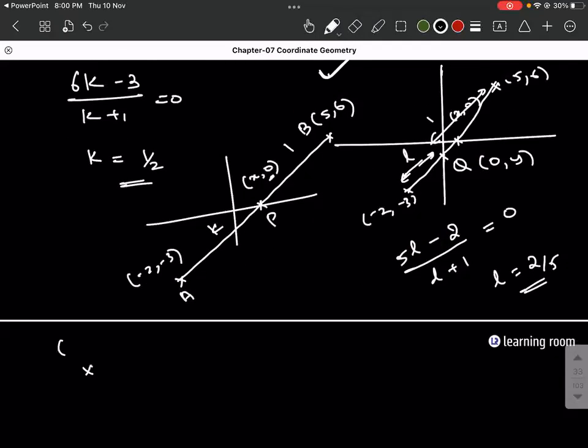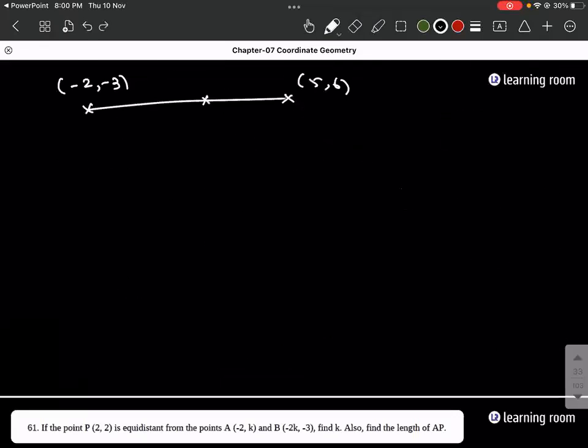So now I'll draw a separate diagram like this: (-2, -3) and this is (5, 6). If I take this point to be P, the ratio is 1 is to 2, and the point P is (x, 0). So what will I get? (5 minus 2) divided by 3 is x, which implies x is equal to 1.